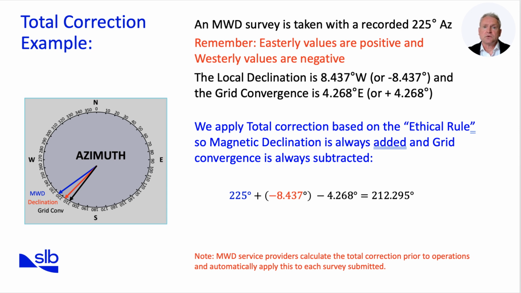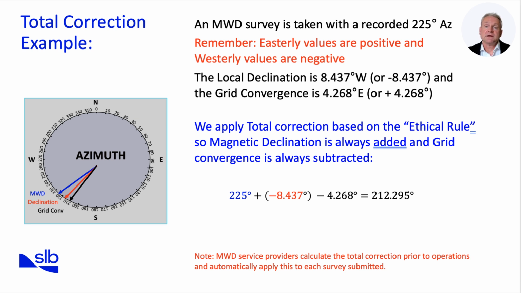According to the ethical rule, we first add the magnetic declination, then subtract the convergence. So the calculation is 225 plus negative 8.437 minus 4.268. The result is a corrected azimuth of 212.295 degrees relative to grid north. This is the value you would plot against your geological model.